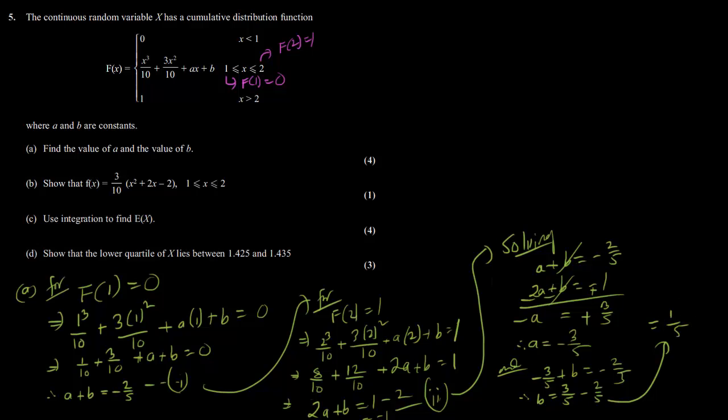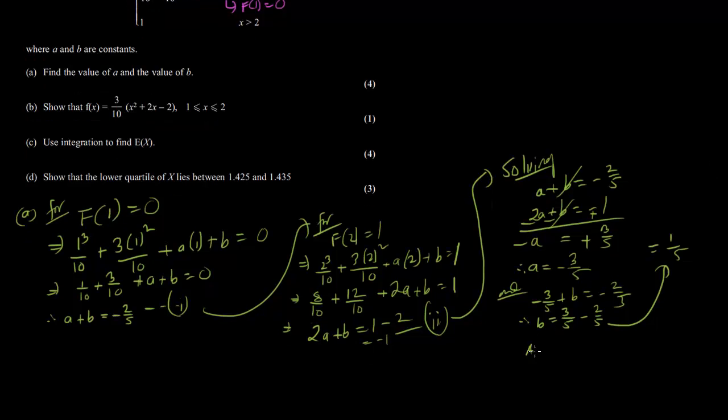So always restate your answer, and the answer should be a equals minus 3 by 5, b equals 1 by 5. From now on, we're going to use this value. So let me rewrite f(x) as, this is going to be minus 3 by 5, and this would be 1 by 5.